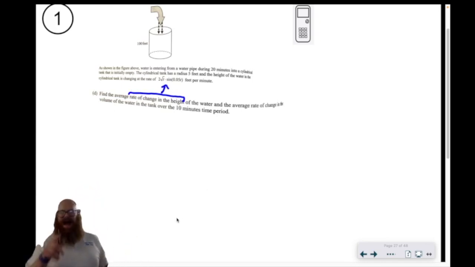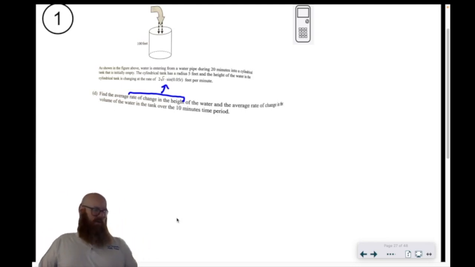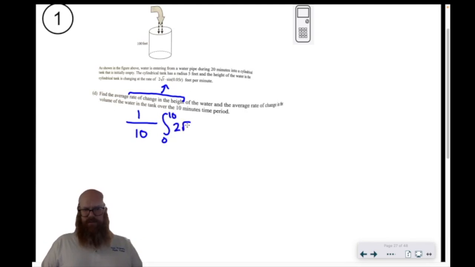So if I want the average of that function, I can use the average value formula, which says to do 1 over b minus a. The first 10 minutes would be 10 minus 0, which is 10. And then I would multiply by the integral from 0 to 10 of this rate of change function.